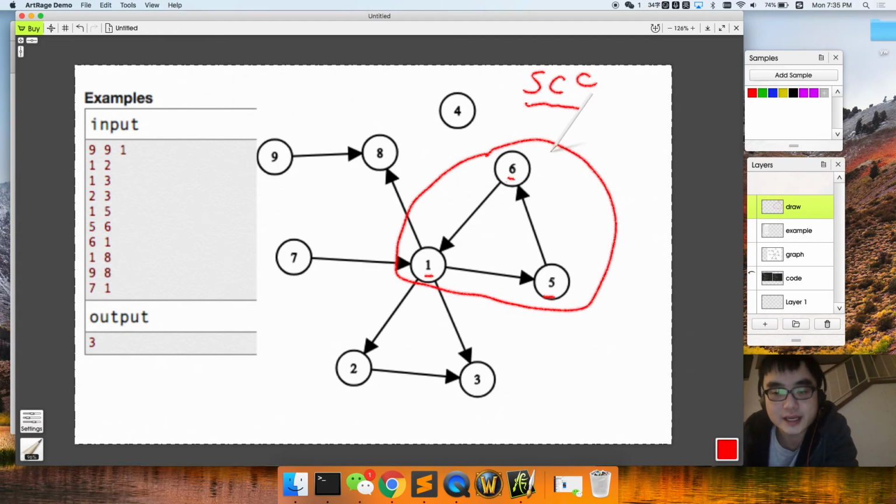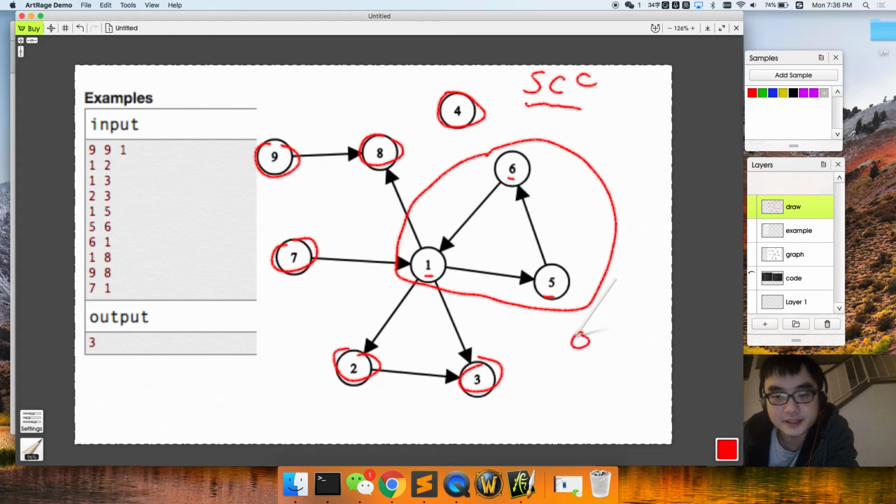So in this kind of component, you can reach any node from any node, right? Is there any SCC we can find in this graph? So let's see. No, not anymore, right? This is the only one. And the other SCCs are the individual single nodes, right? These are SCCs themselves, right?